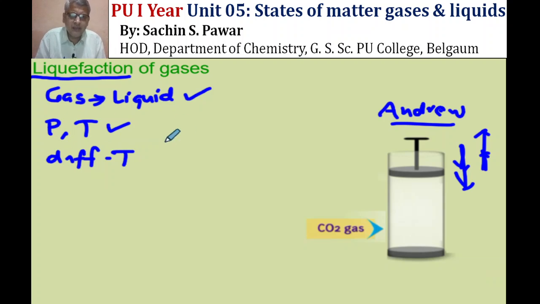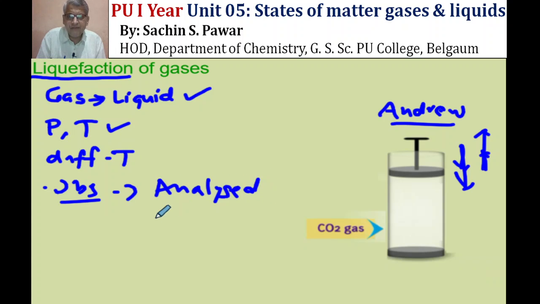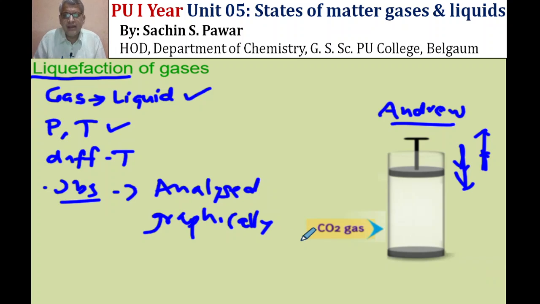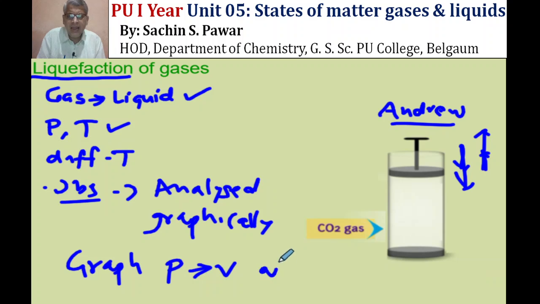Based on the observations he got, he analyzed them graphically. Graphically in the sense, he plotted the graph of pressure versus volume at different temperatures.